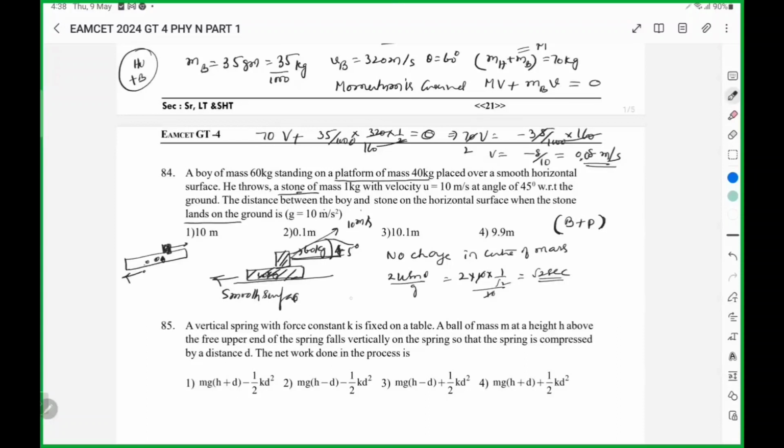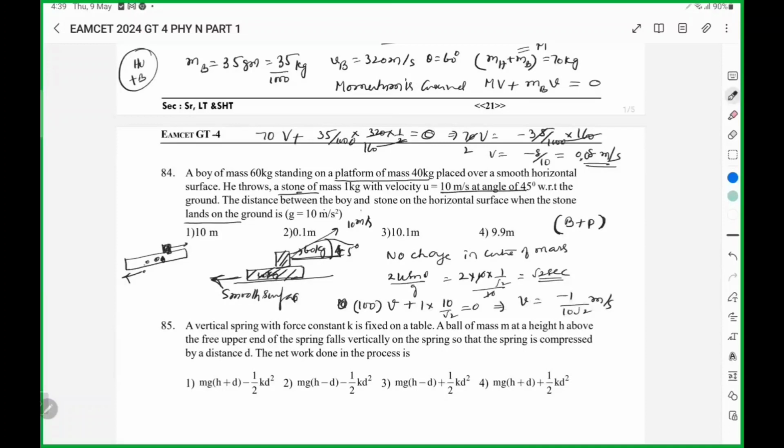With what velocity? Since momentum is conserved and there is no external force, 60 plus 40 into V, where V is the velocity with which the system moves towards left, plus the stone's horizontal momentum, 10 cos 45, equals zero. So V is minus 1 by 10 root 2 meters per second.